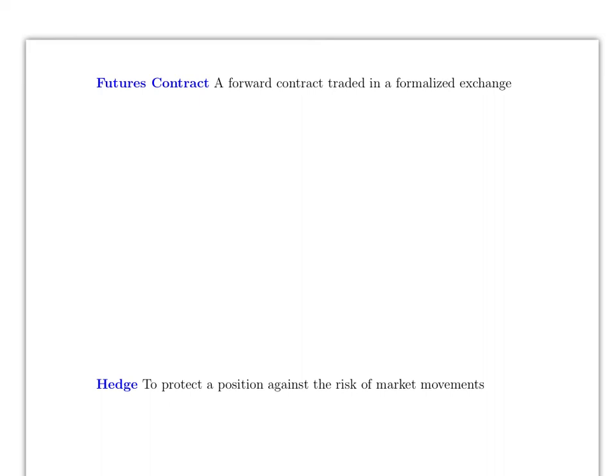All right, so now let's look at futures. A future is technically a forward contract, which we already did in the previous pages, but that is traded in a formalized exchange.